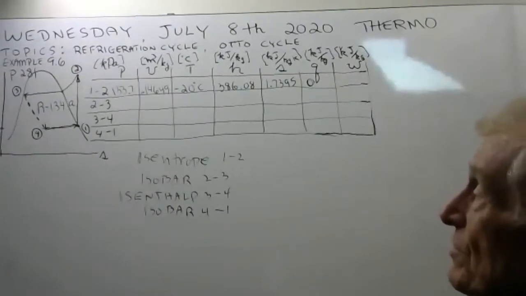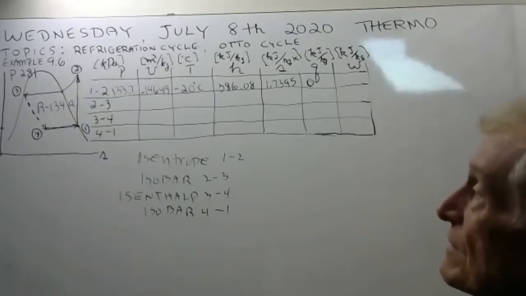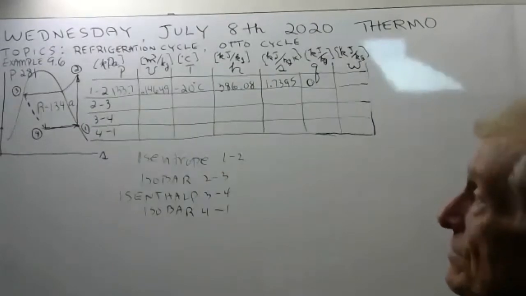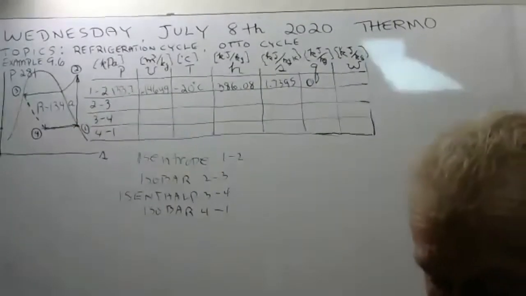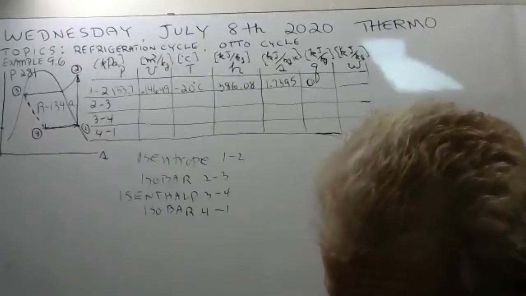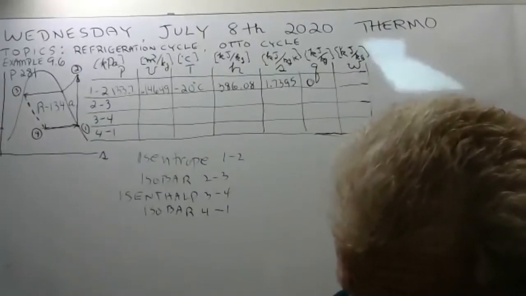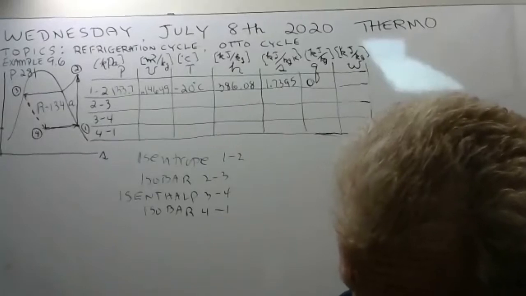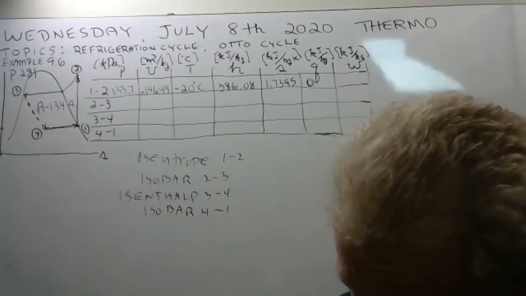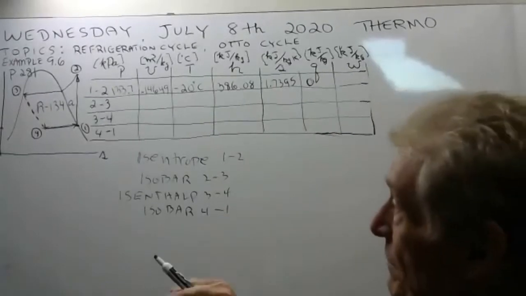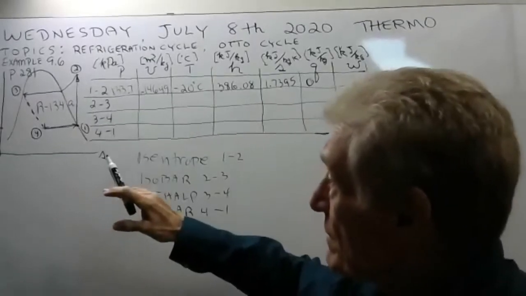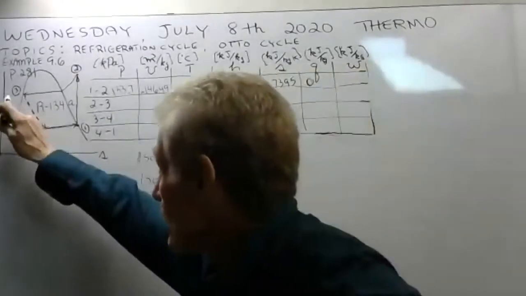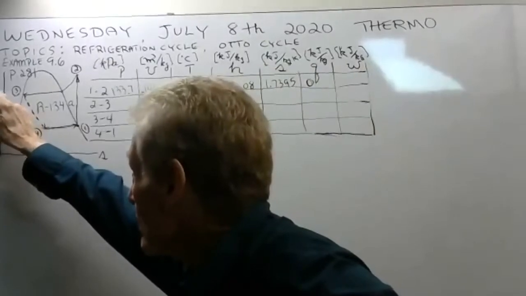Okay. Well, let's go to state 2. What do we know at state 2? Well, I don't know. Let me read the problem here. It says the condenser is 40. Let me write that down. The condenser is 40. What they're talking about is right here.